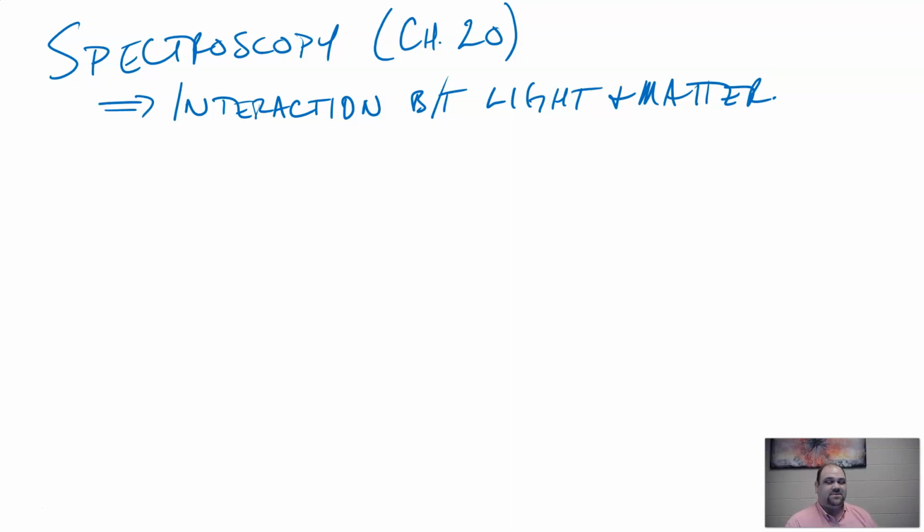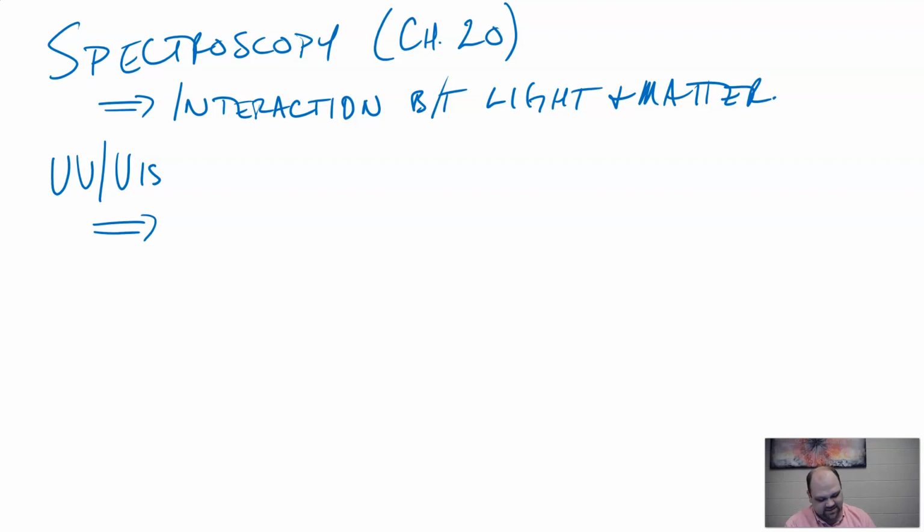By far the most common method of spectroscopy that we see is UV vis. And that is what we will spend most of our time talking about. We may talk a little bit about FTIR, we may talk a little bit about atomic absorption spectroscopy, but by far the most common is UV vis.